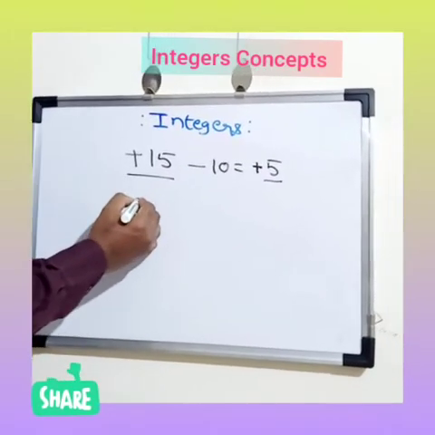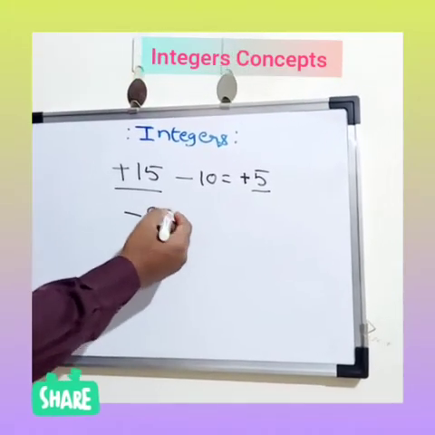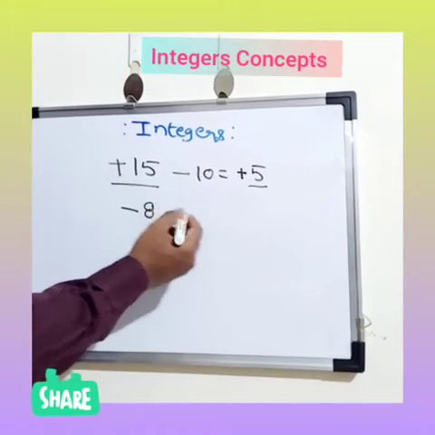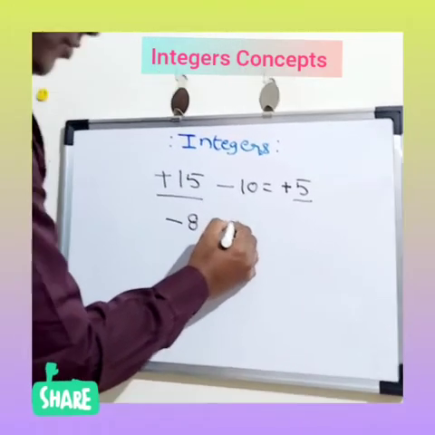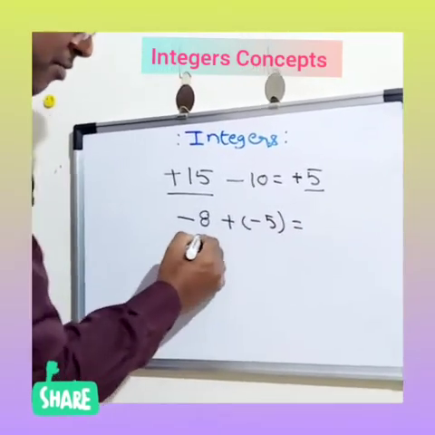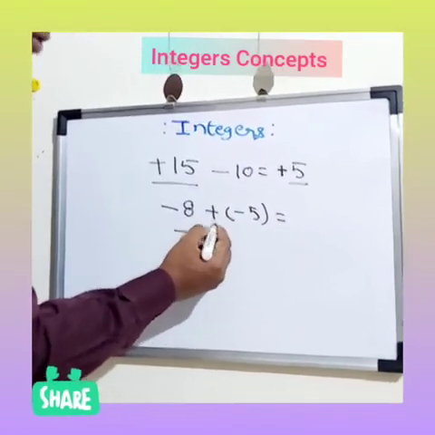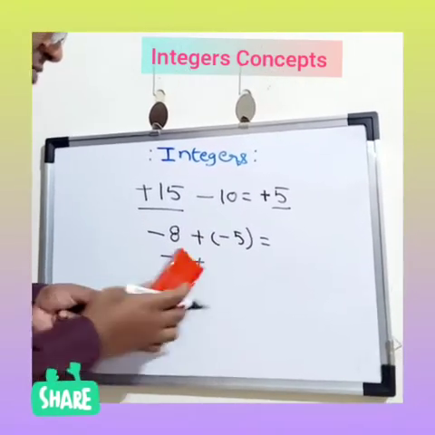Similarly, when you add two negative numbers, minus 5 and minus 8, what is the formula? Plus into minus means minus.